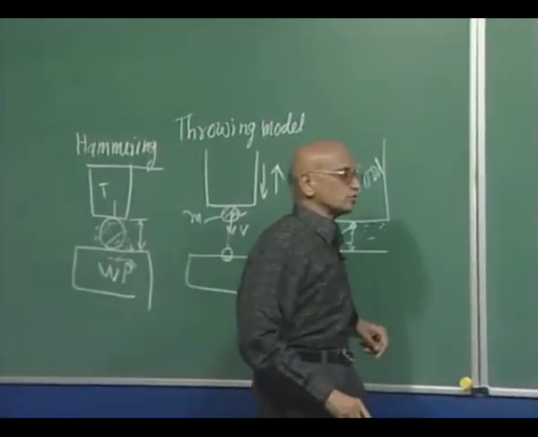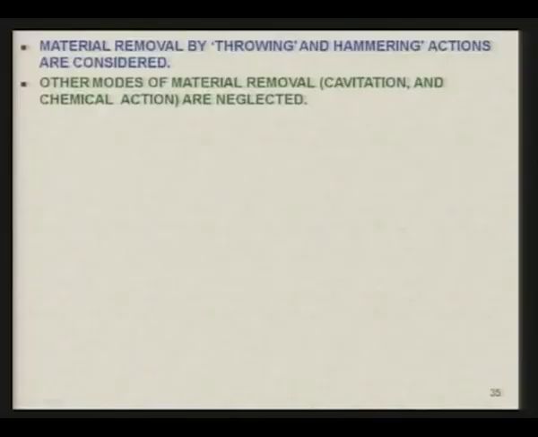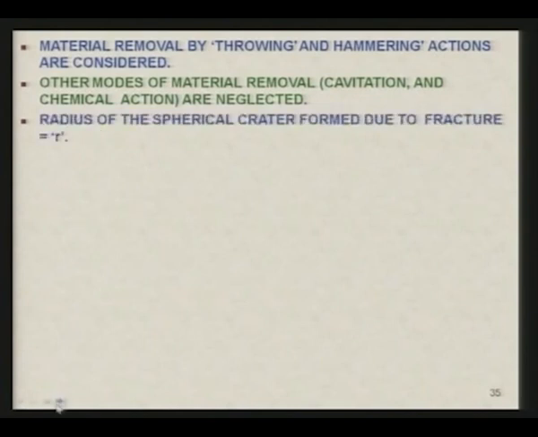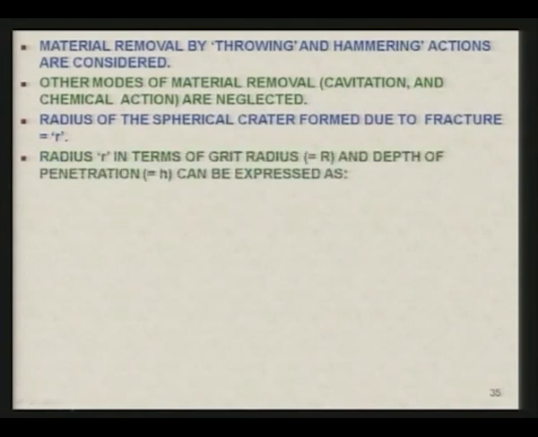So, using these two models, he calculated the material removal rate by both the models. Other modes of material removal like cavitation and chemical action are neglected, he did not consider them in this particular case. Radius of the spherical crater formed due to fracture is equal to r, which I showed you in the earlier transparency also.